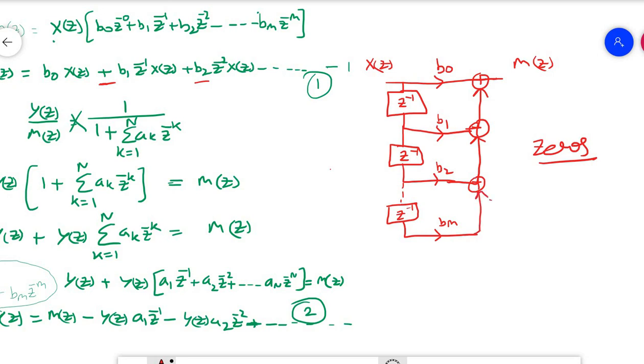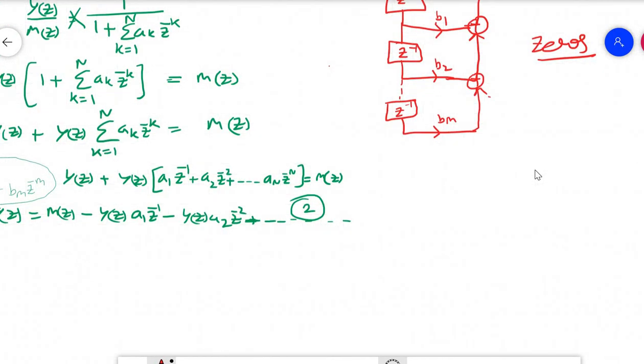Now from the second equation, realize how this is. This is my Y(z) and this is the M(z), correct? Now Y(z) is equal to M(z).